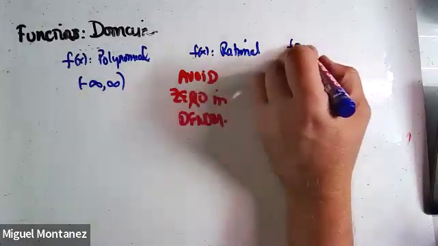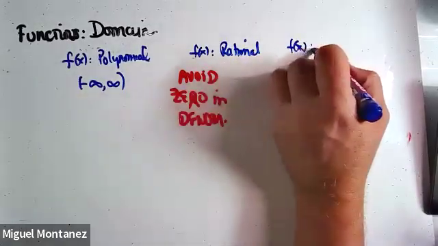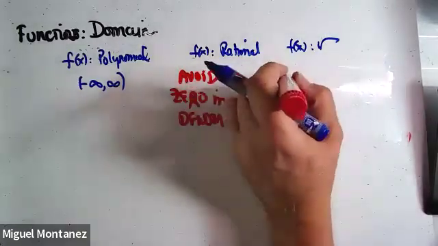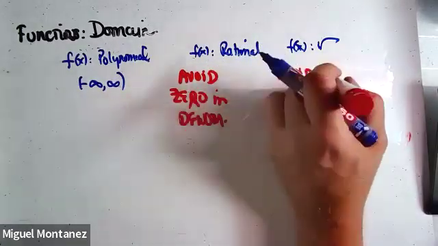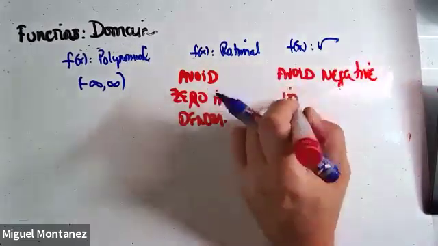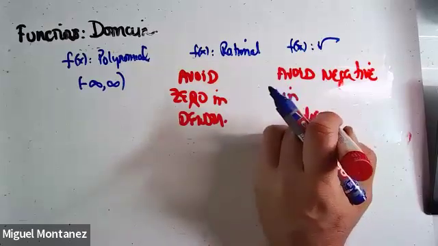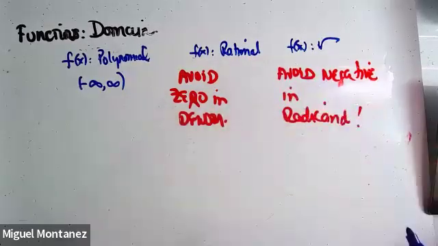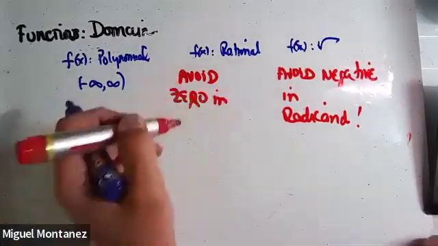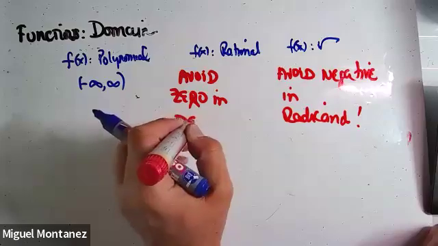And if the function is a radical square root, we need to avoid negative in the radical. Okay, so those are your 3 basic rules.